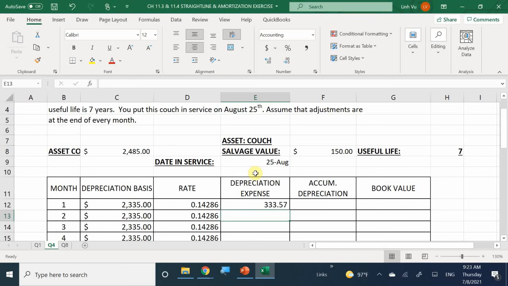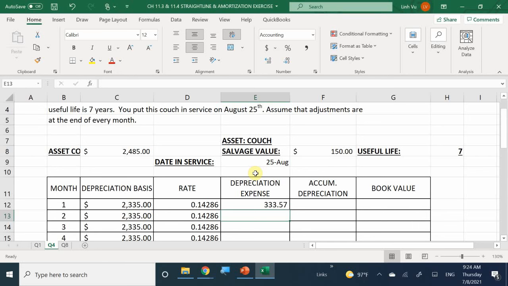Am I doing it for the first year? No, only for 4 months. Am I doing it for 4 months? August 25th should be September. So you divide by 12 and then multiply by 4, because it's 4 months, like Nathan said.